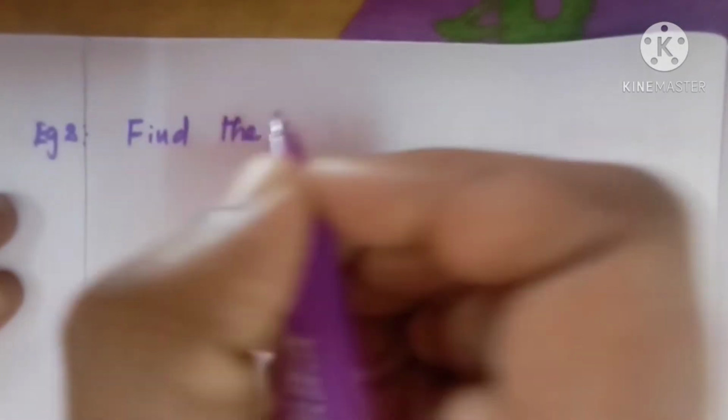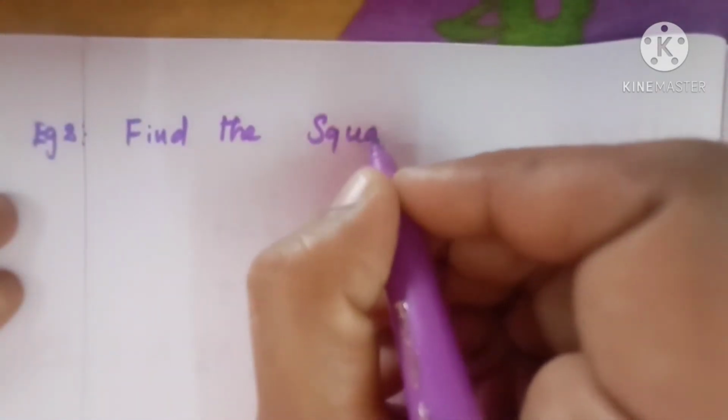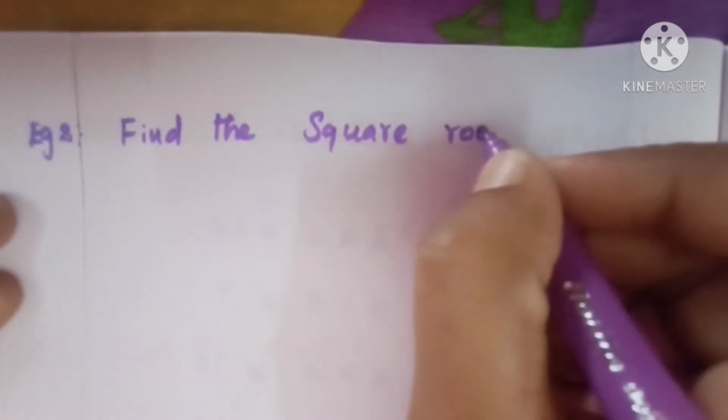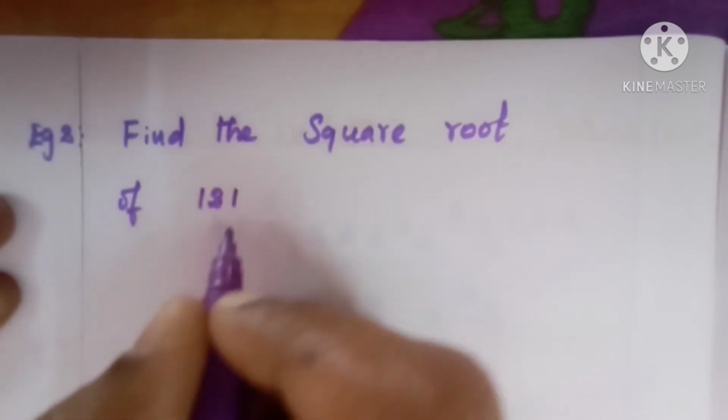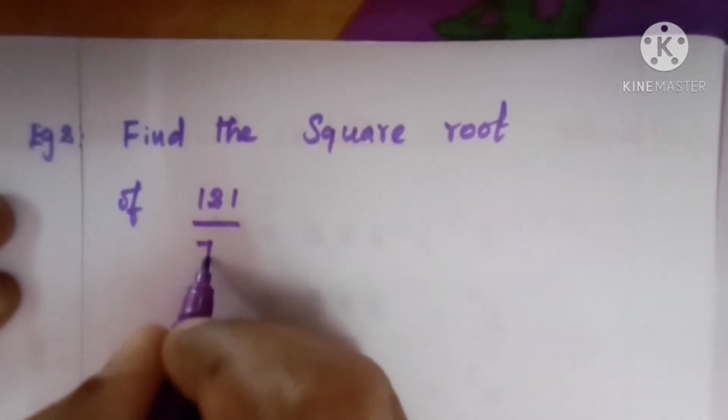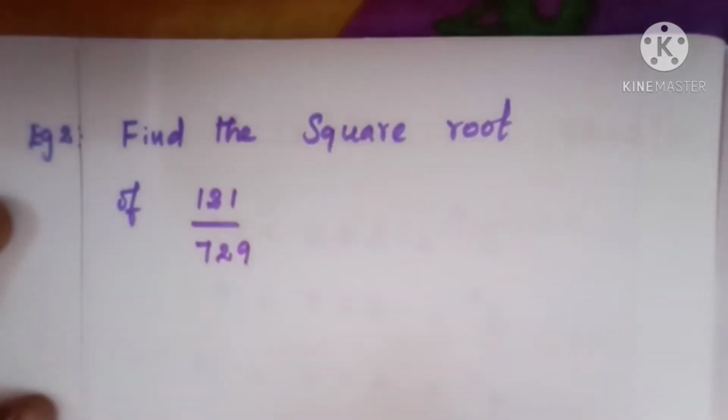Example 2. How do you find the square root of a fraction? Find the square root of 121 divided by 729.